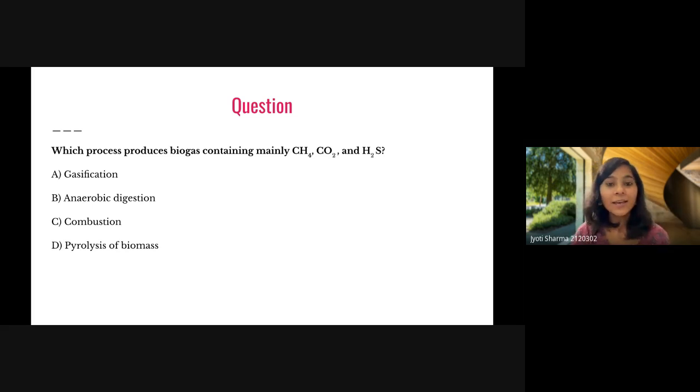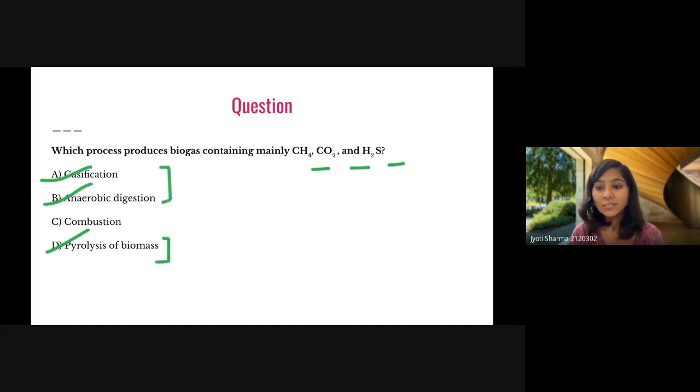What I'm saying is, if it is biogas, like methane, CO2, and H2S, not just pyrolysis, but gasification and anaerobic digestion also give such kinds of gases. So these three may be right answers, but if we are talking about the percentage, then anaerobic digestion gives you the highest percentage of biogas, that is CH4, CO2, and H2S. But your answer is not wrong, because pyrolysis and gasification will also give you biogas.